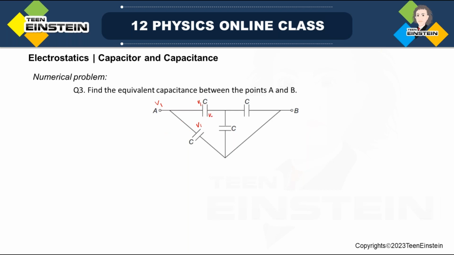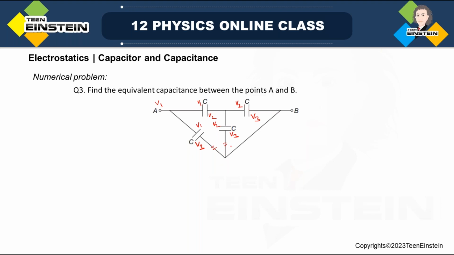So let us say this is V2. The same V2 will be coming here and here also, right? If I say this plate is at V3, then these are all connecting wires, so this also will be at V3 and this also will be at V3.